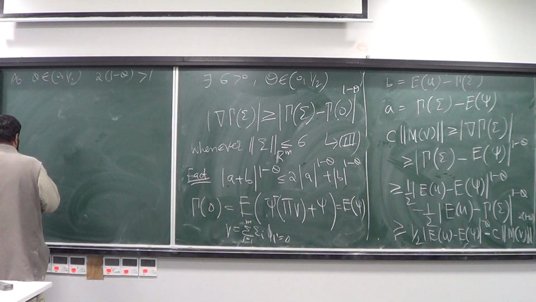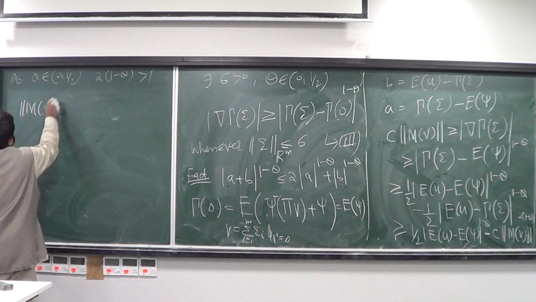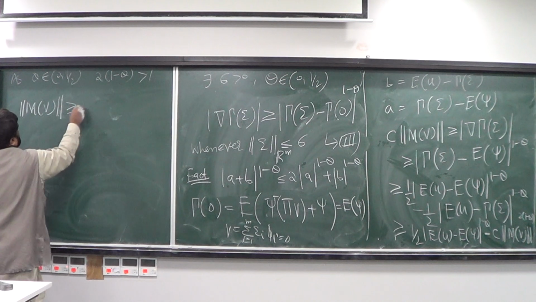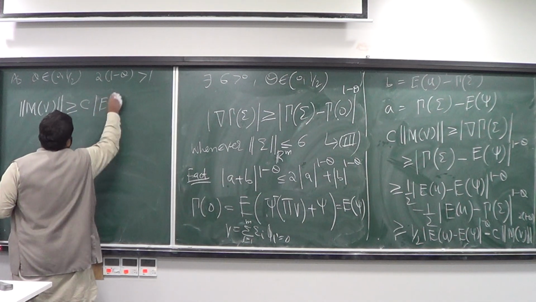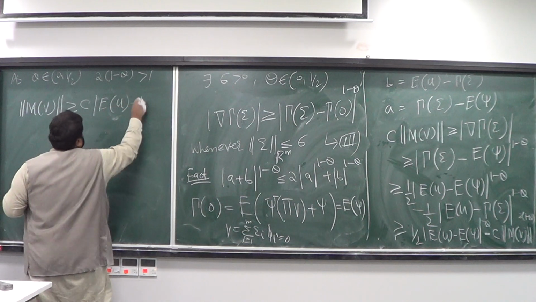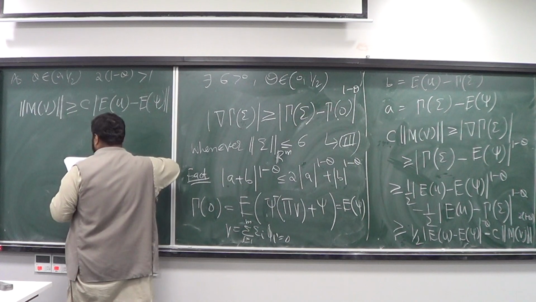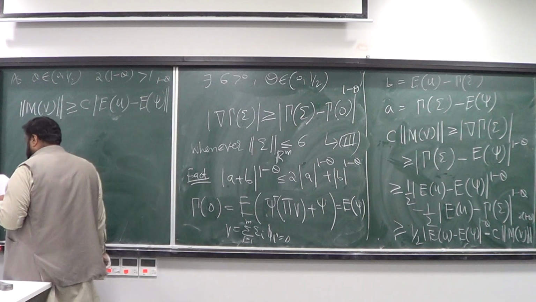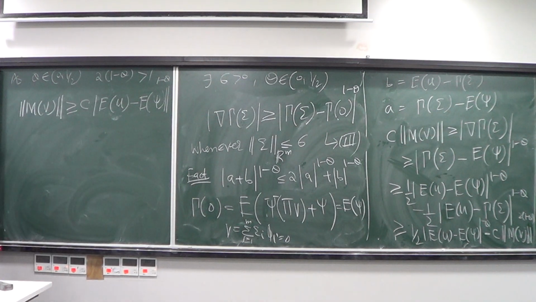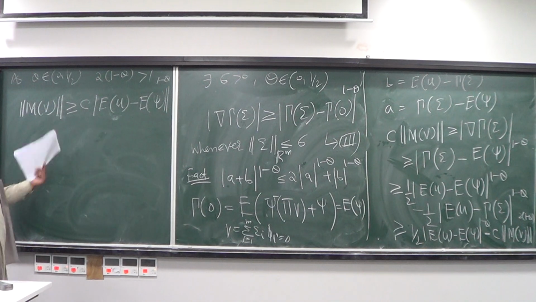And what would this inequality be? M of v is bigger than or equal to c times E of u minus E of psi to the power 1 minus theta.